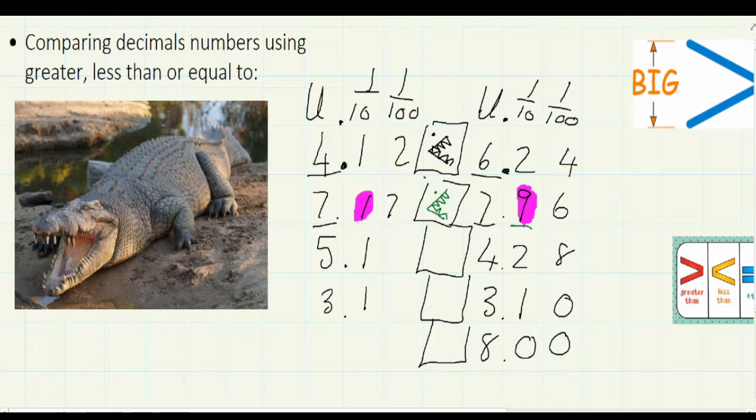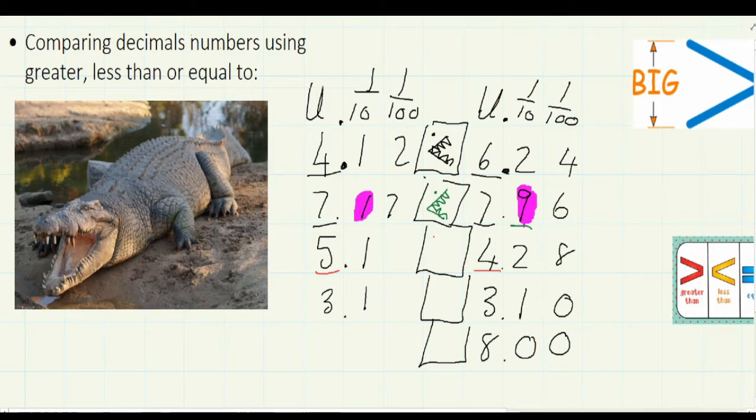And that first criterion, which is so important, is underlining the highest place value. That would be 5 units with the 5.1 and 4 units with the 4.28. Well, the last time I checked, 5 units is a more significant number, is a larger number than 4. And therefore, that's a myth.